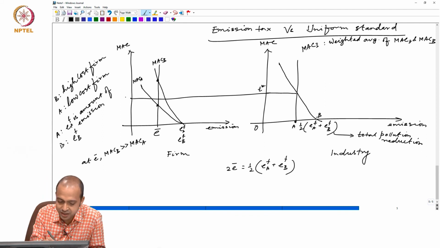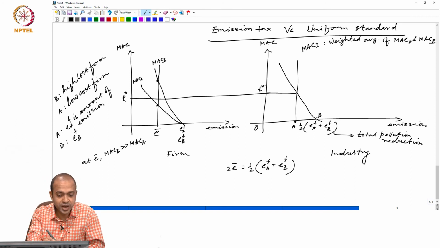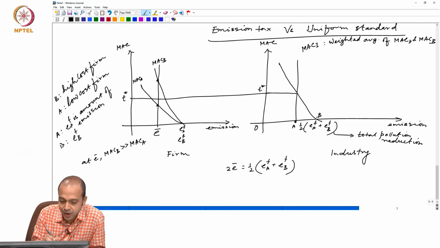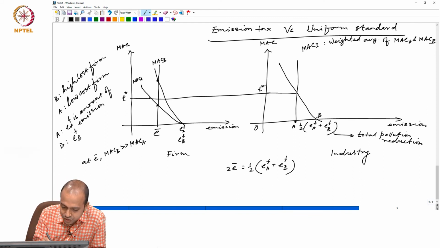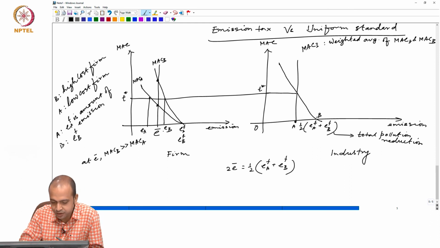Then the same tax rate is given to the firms. Now, each firm will equate this tax rate with its respective MAC. So, what will happen then? Firm A will reduce this much pollution, let us say EA, and the pollution reduction for firm B would be EB.